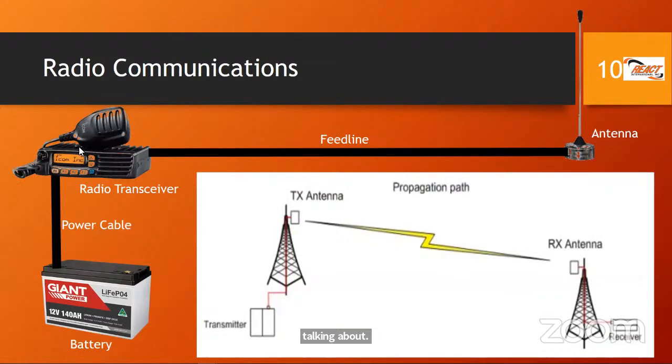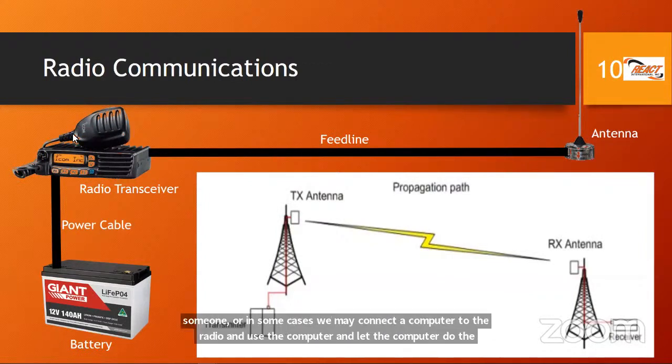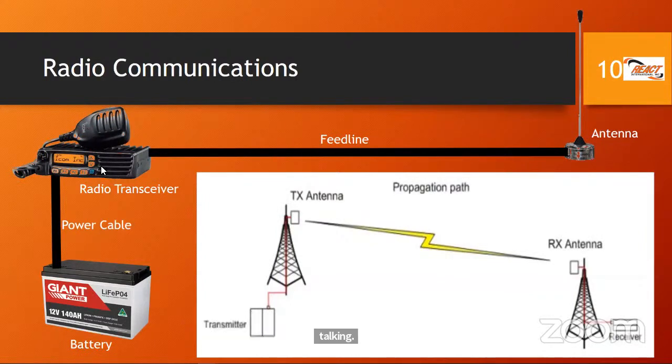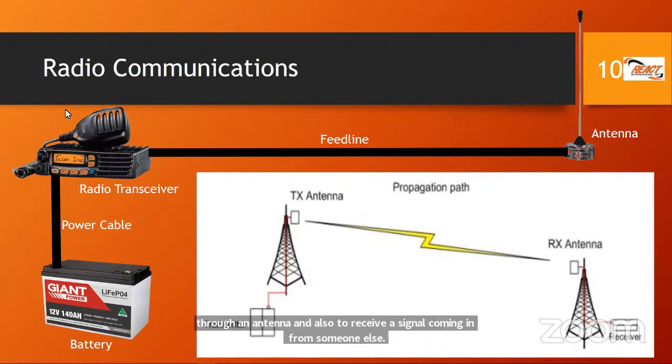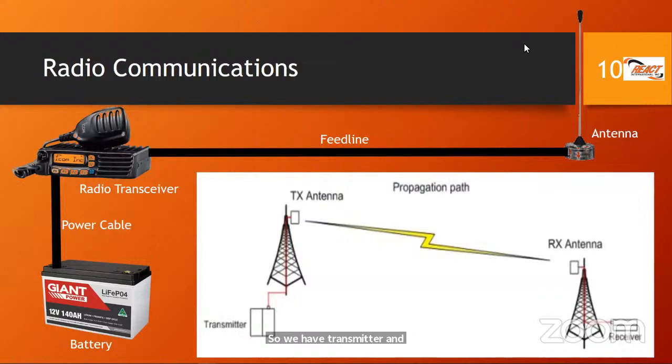But by and large, whether it's a mobile radio or a base radio like this, or a handheld walkie-talkie, we're all really just trying to use some power to power a radio transmitter to transmit our signal through an antenna, and also to receive a signal coming in from someone else. So we have transmitter and receiver, sender and receiver, or source and destination, right? That's what we're trying to achieve using radio equipment.